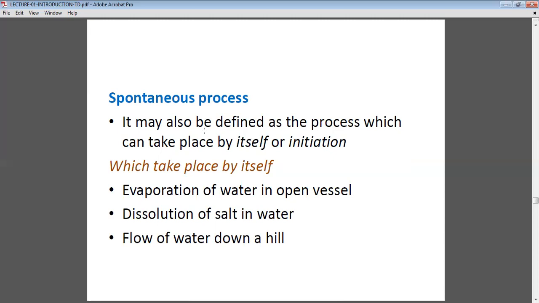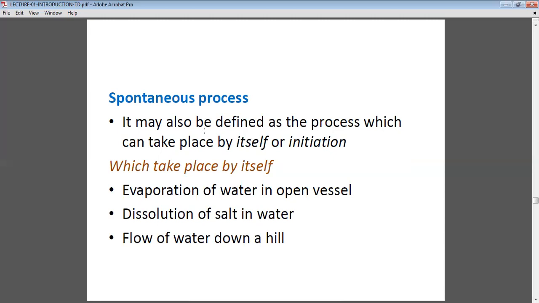When we heat water, the water is converted to steam spontaneously. We will call that a spontaneous process. Or if you put salt in water, it will dissolve by itself without any external stirring, so dissolution of salt in water is also a spontaneous process.